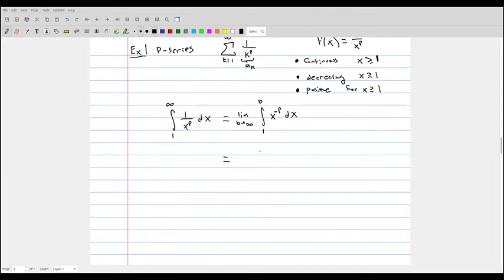And this is equal to the limit as b goes to infinity of the antiderivative evaluated at b and 1. The antiderivative of this is going to be 1 over negative p plus 1 times x to the negative p plus 1, evaluated from 1 to b.